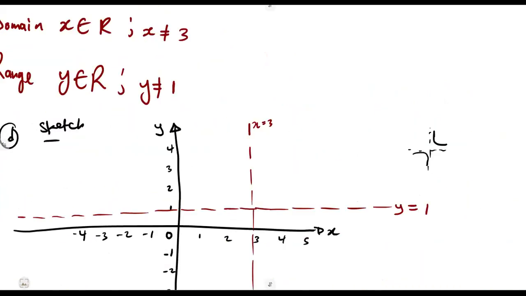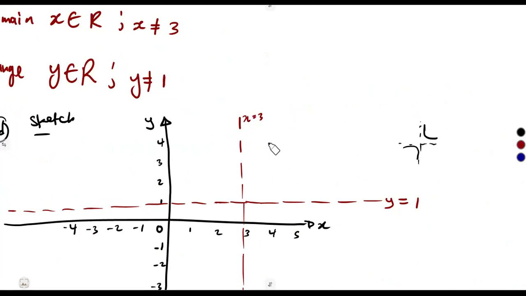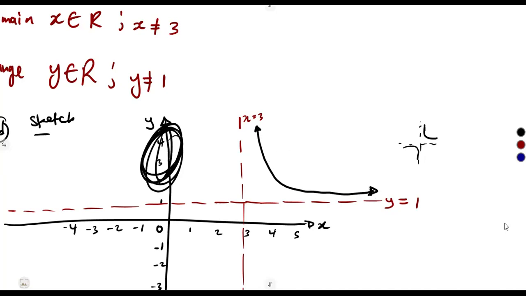You can use any point, when x is 5, when x is 6, whatever you want, just to indicate on this side, because we are limited because of the asymptotes. There is no intercept. It cannot intersect with the y-axis. Look where the y-axis is, look where the x-axis is.